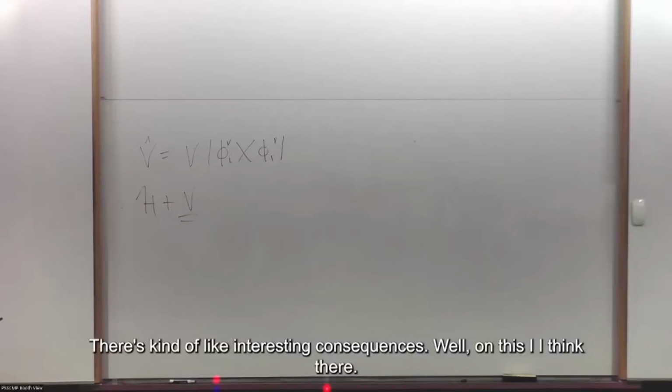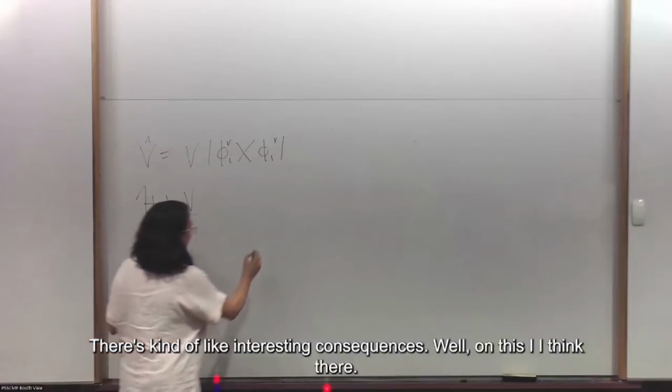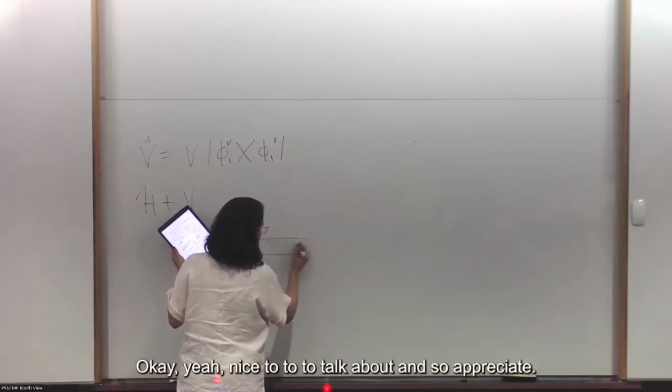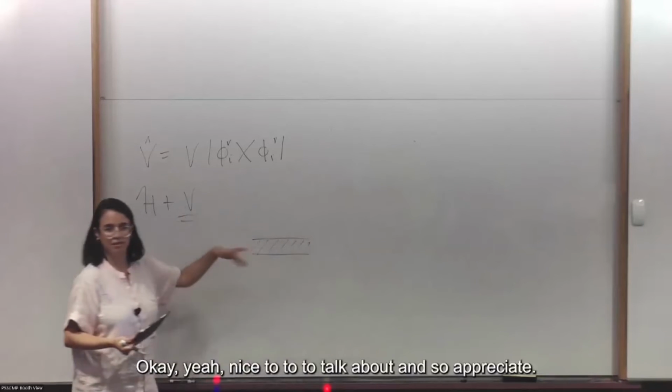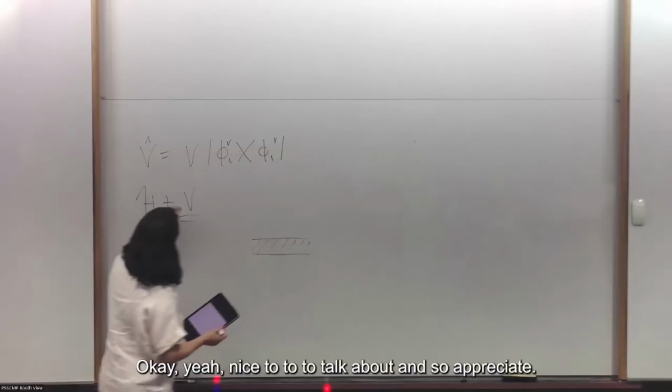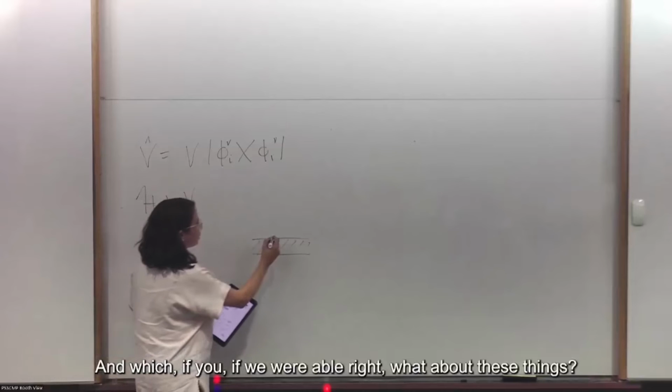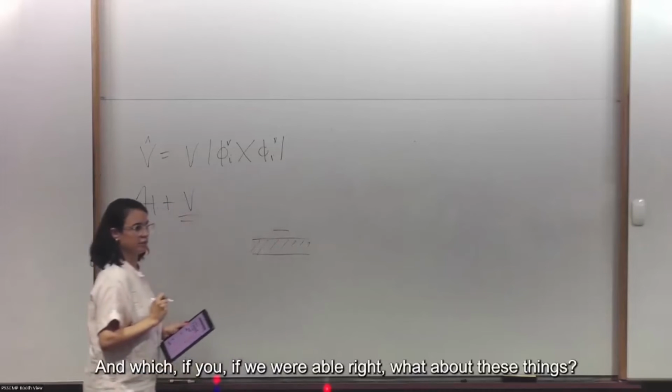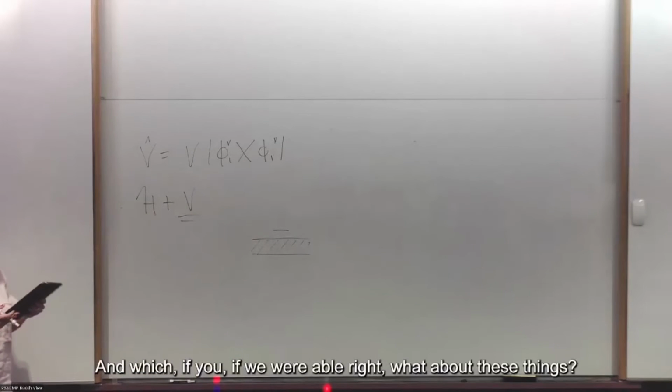So what usually happens when I have a band, any kind of band? When I put an impurity potential, usually I create a state on the band edge, right? We all kind of know this.